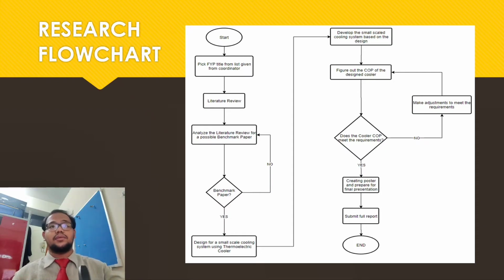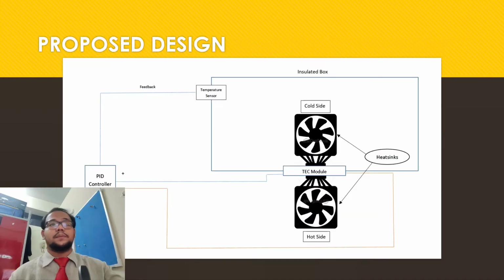In FYP2, we are going to test the system and check its COP to make sure that the COP meets our requirement, and we are going to make any adjustment so that it will meet our requirement in terms of the COP.